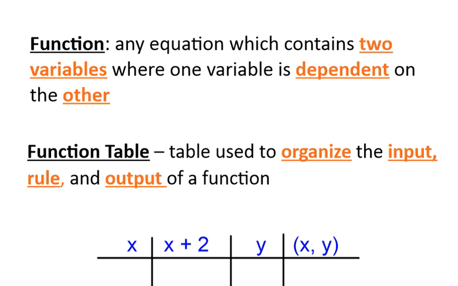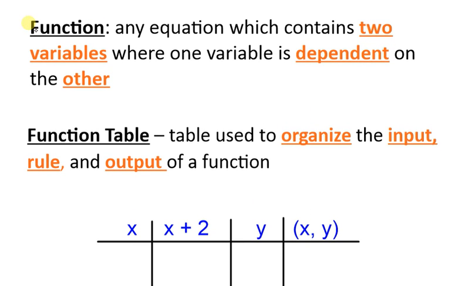Two main definitions for today's lesson, and the first is function. A function is an equation, and we know what an equation is. It has an equal sign, and we can solve for a variable. But this time, it contains two variables. If you think back to revisiting the coordinate plane, you're going to have an x and a y. One variable is dependent on the other.